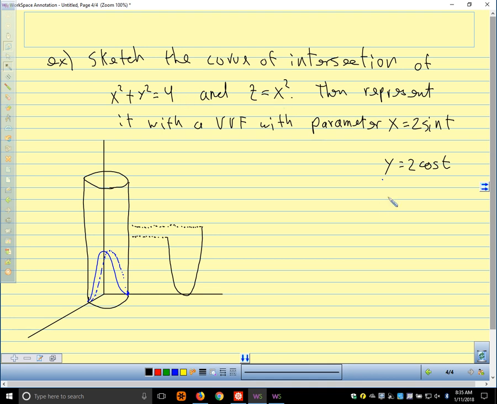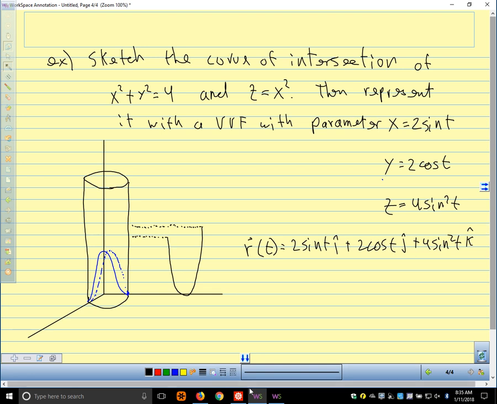And z equals x squared, sine squared t. So r of t is 2 sine t i hat plus 2 cosine t j hat plus 4 sine squared t k hat. So there's a nice representation of a pretty complex curve.